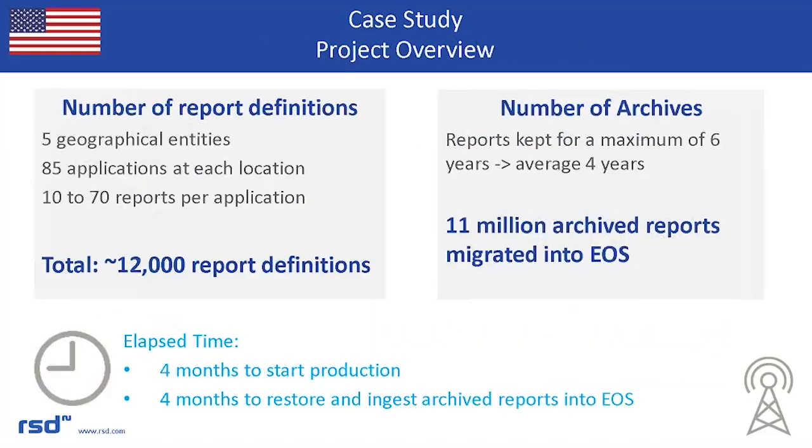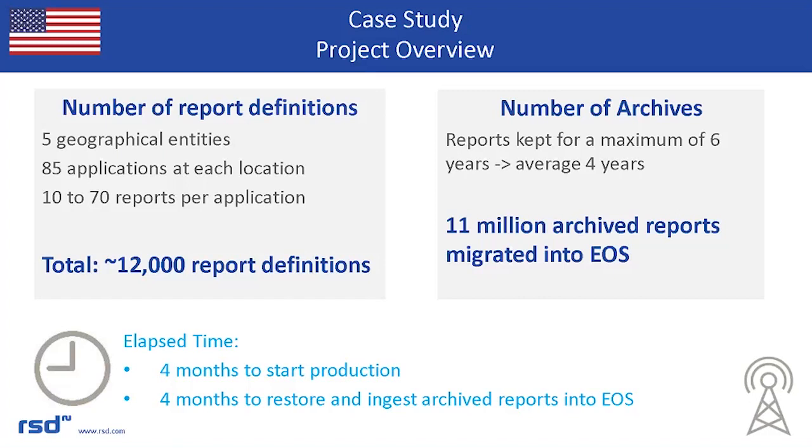Now, just to give you a little background scope of the project, the CA View and Deliver system contained data from 5 different states in the United States, so 5 different geographical entities.